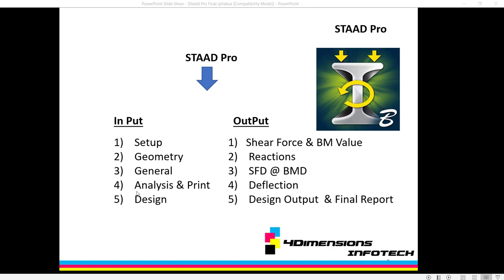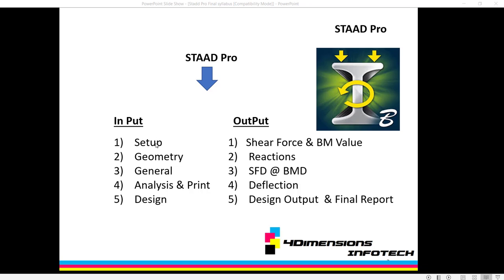Once we are done with our input, the software produces the output like shear force and bending moment values, reactions, then shear force diagram and bending moment diagram and their values, deflection, and design output. By combining all this we can produce the final output.